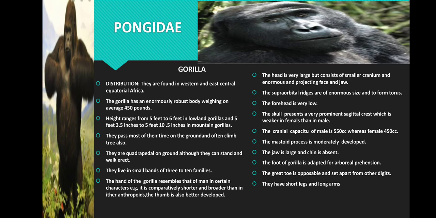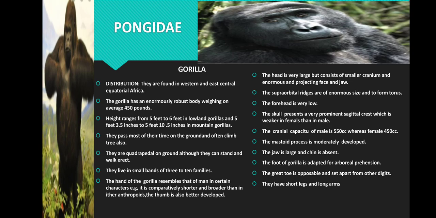So these are found in west, east, and central equatorial Africa. The gorilla has an enormous, robust body weighing an average of 450 pounds. The height ranges from 5 feet to 6 feet in the lowland gorilla, and 5 feet 3.5 inches to 5 feet 10.5 inches in mountain gorillas.